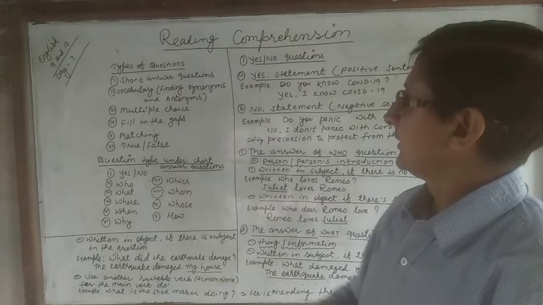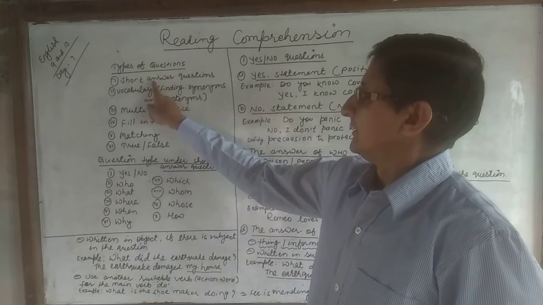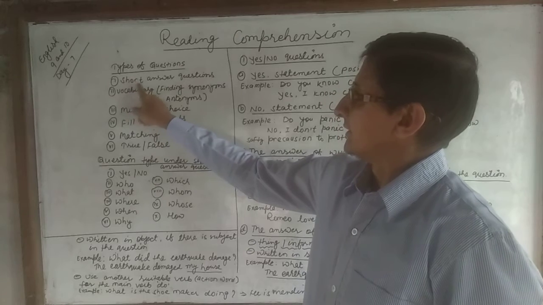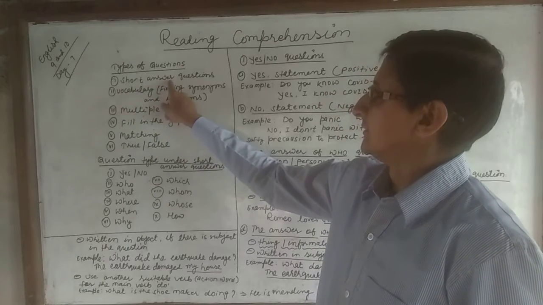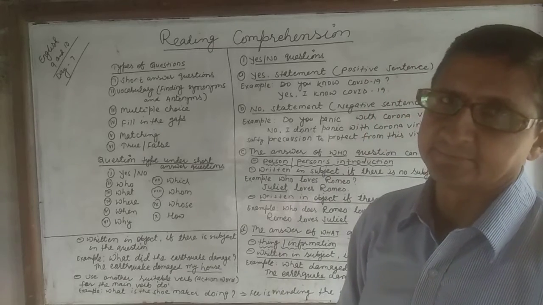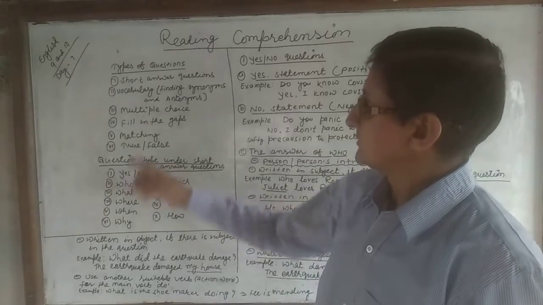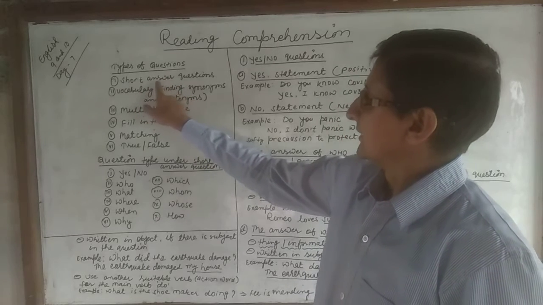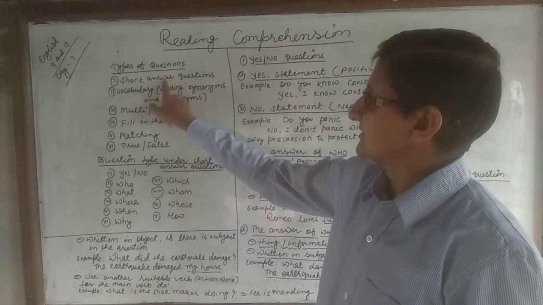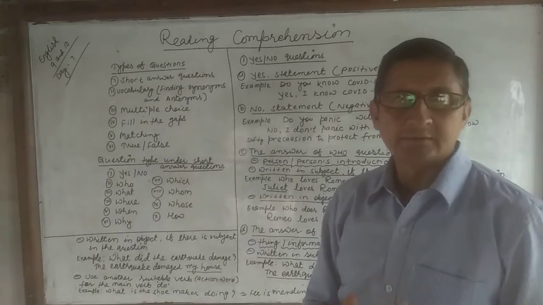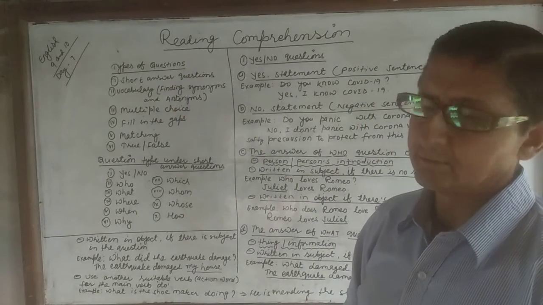Today we are going to learn how to write short answers of the comprehension passage. Today we are going to deal with this topic: how to write short answer questions from the reading comprehension.